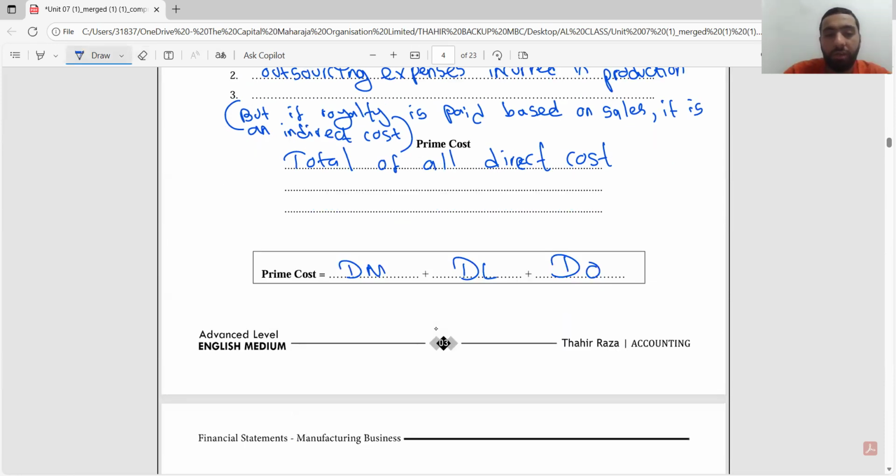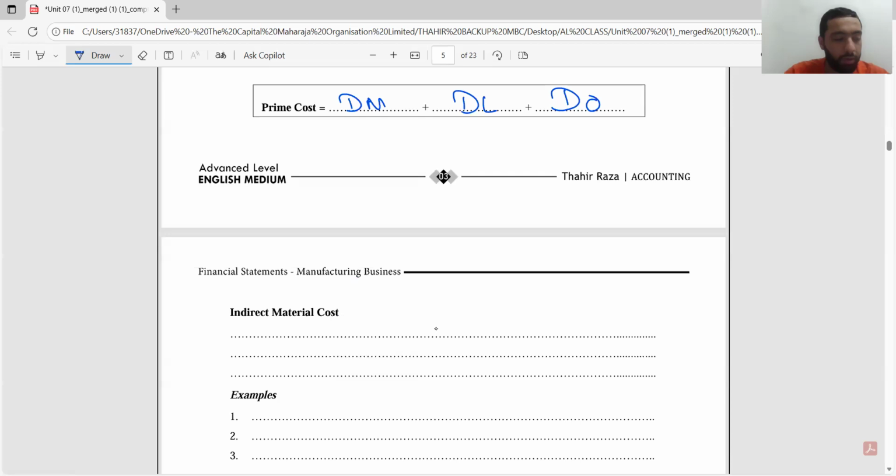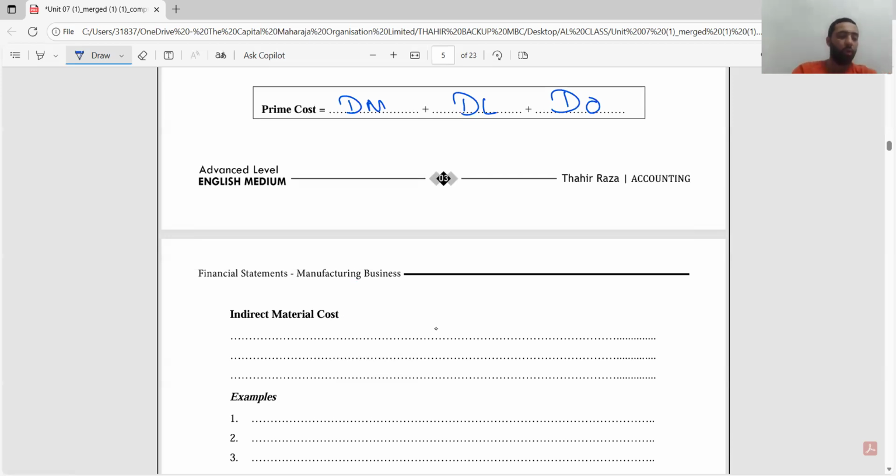This is what prime cost is. Let's go to indirect material. Lots of theory today, to finish all the theory.